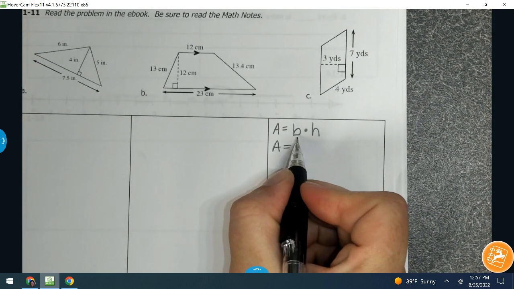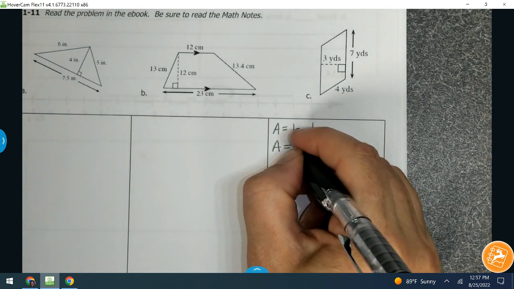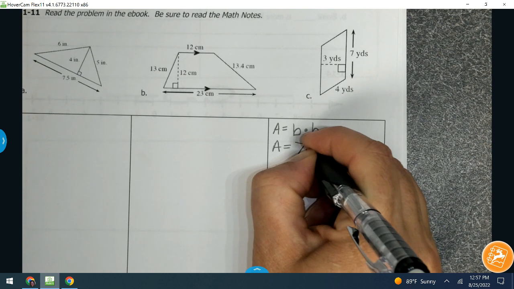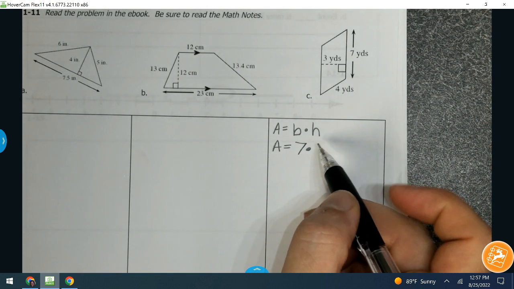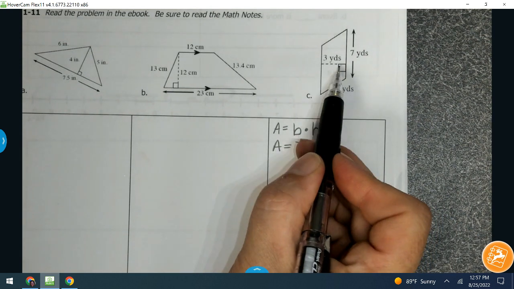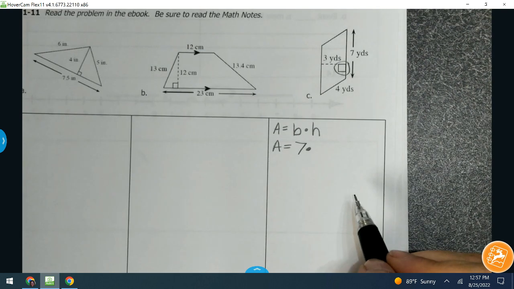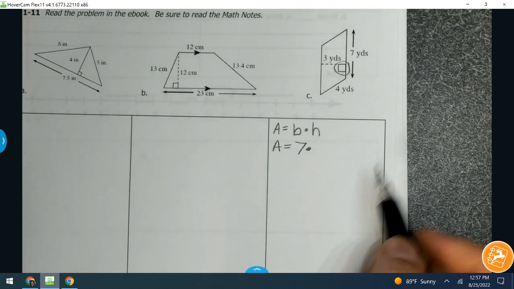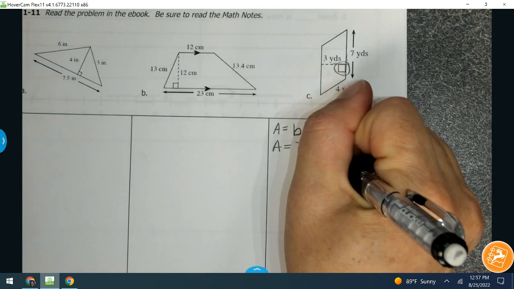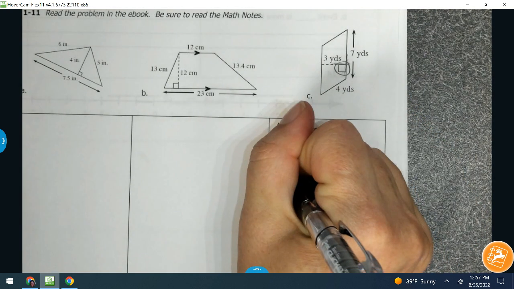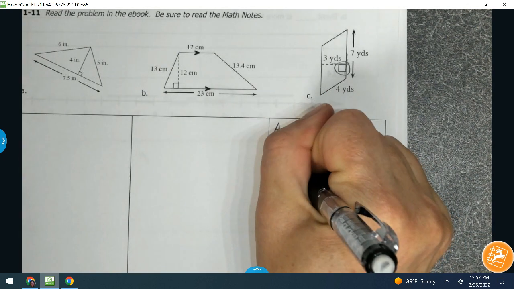Our base length is 7. We're going to multiply that by the height. What's the height? Hopefully you said it is 3. It's this one right here. This helps me to know that relationship of the t. So in this case, our t is going this direction. So my area is 7 times 3, which is 21.